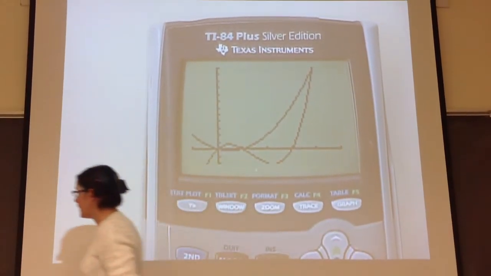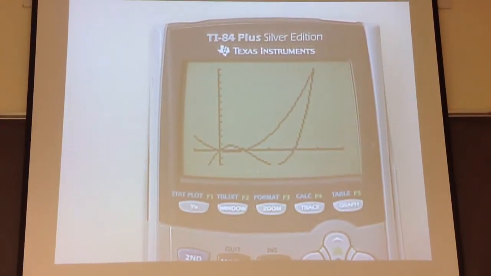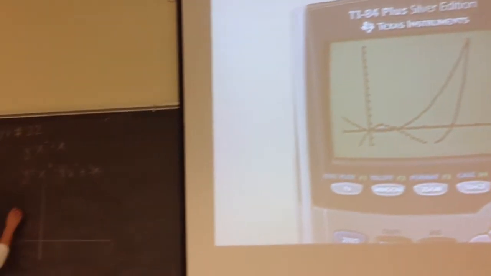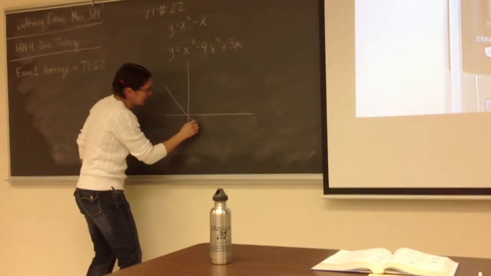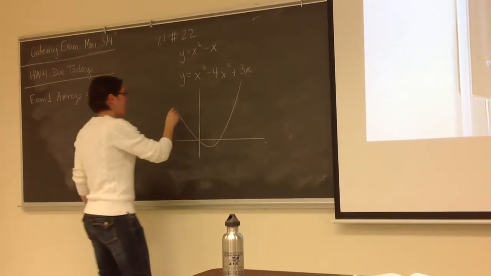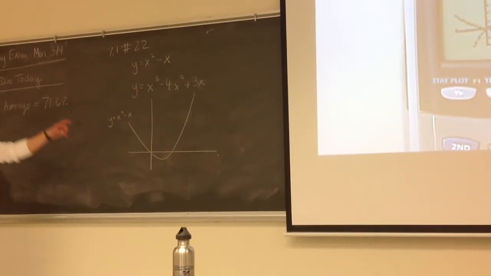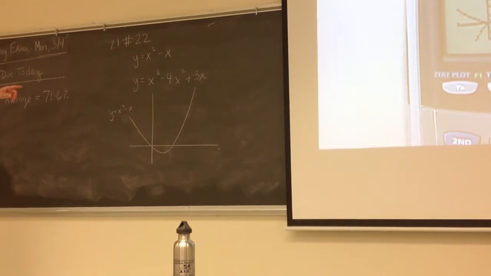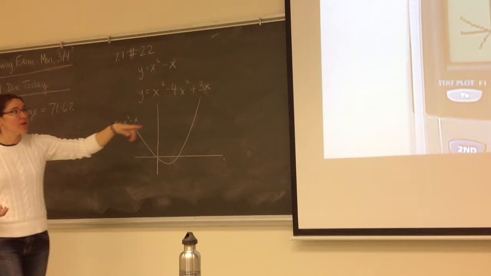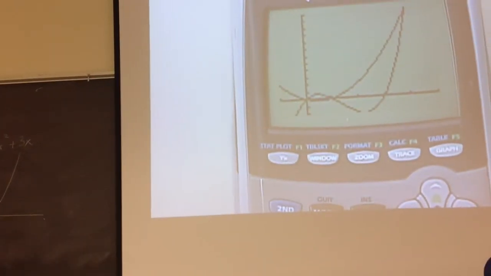I'm going to draw this picture over here, and I might exaggerate a little. We've got the parabola, which dips below the x-axis and then pops back up. This is the graph of y equals x squared minus x. If I wasn't sure, I could be careful about which one I type in first, but the parabola is the quadratic function. The cubic, the one that goes up, down, and back up again, is the x to the third function.